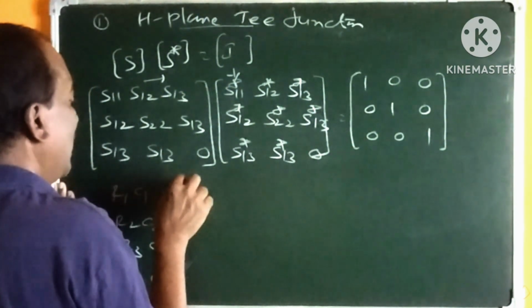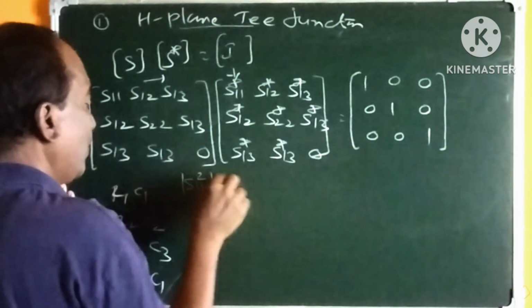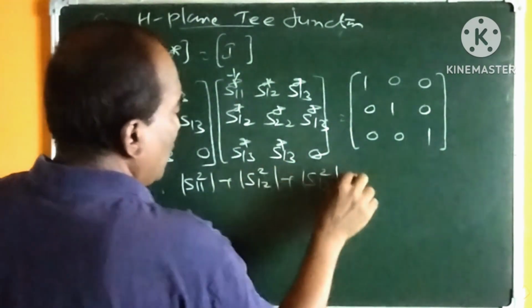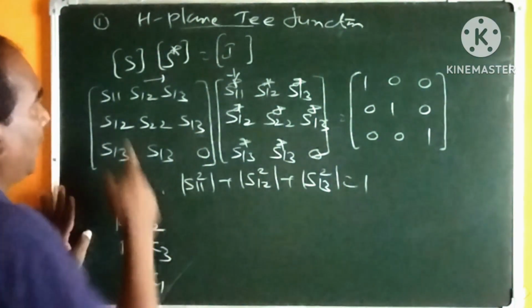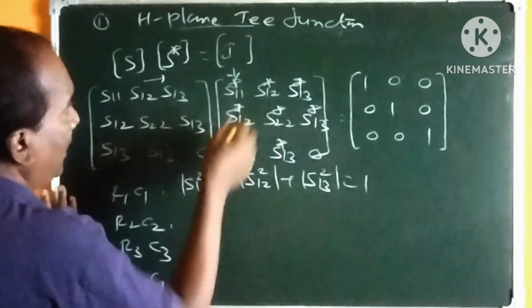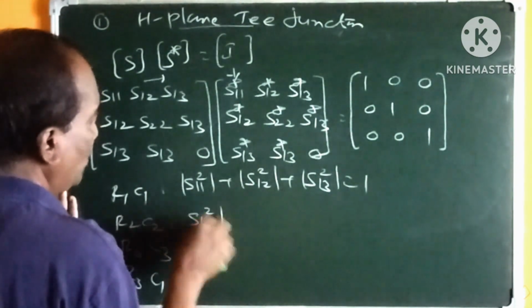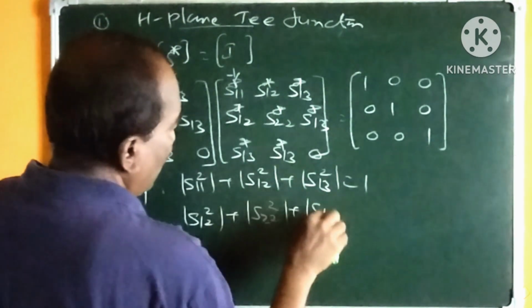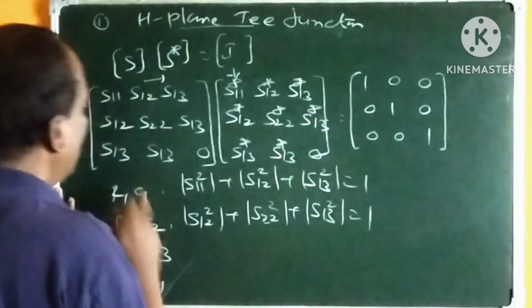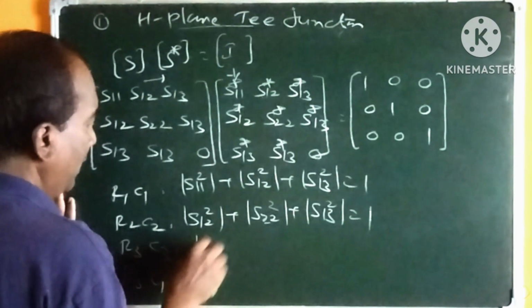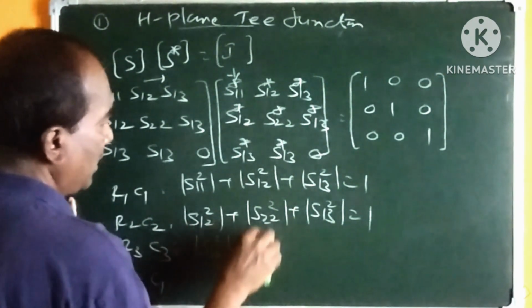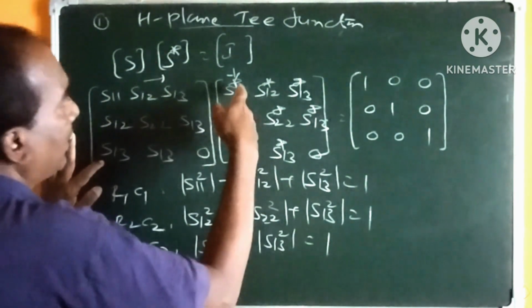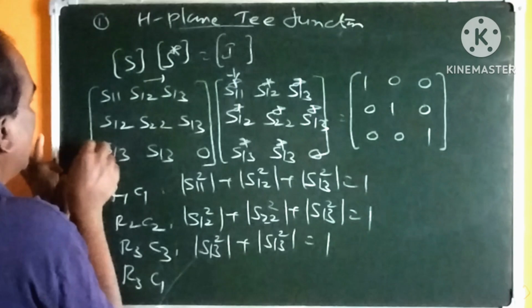I can write this as modulus of S11 squared plus modulus of S12 squared plus modulus of S13 squared will be equal to 1. Next R2C2: modulus of S12 squared plus modulus of S22 squared plus modulus of S13 squared will be equal to 1. Next R3C3: modulus of S13 squared will be equal to 1. Next R3C1.